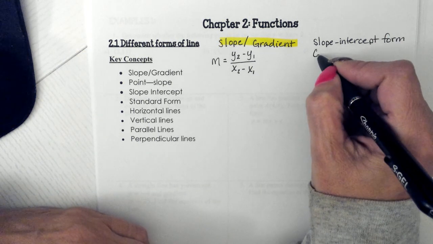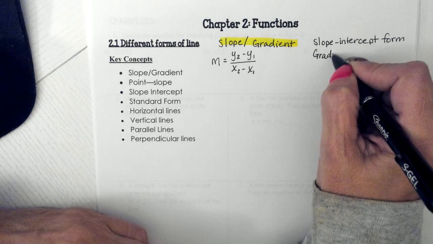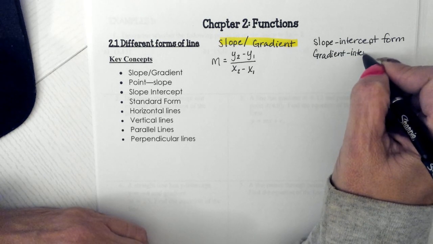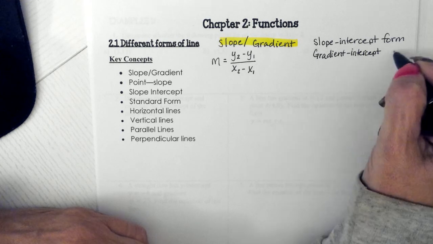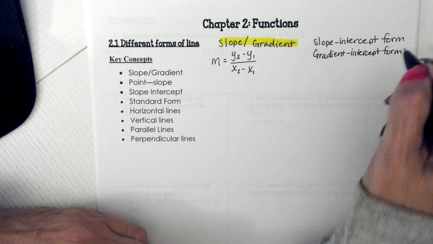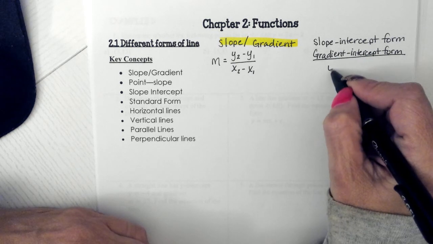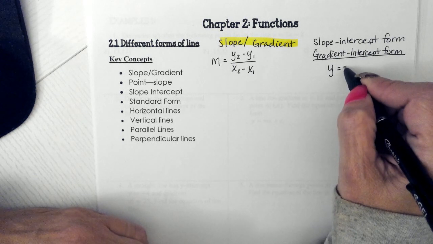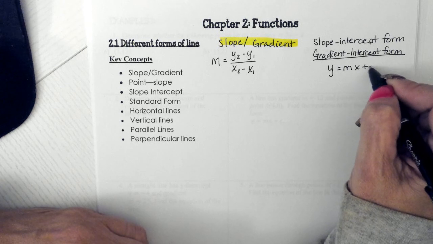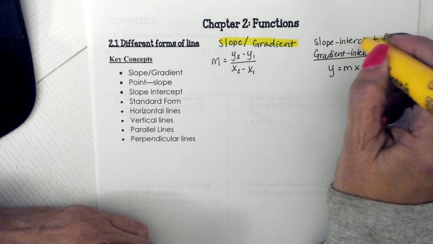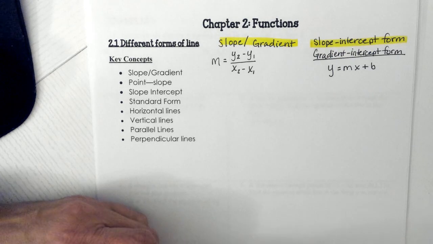So you might see the words gradient-intercept form. Now these mean the same thing. Slope-intercept, remember it? y equals the ever popular mx plus b. That was slope-intercept form of an equation.